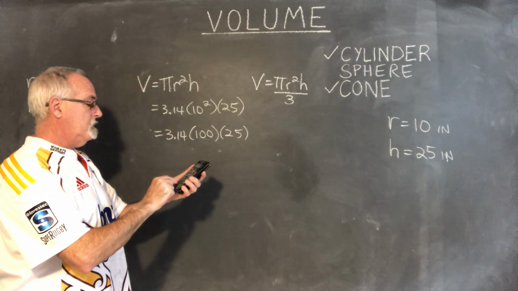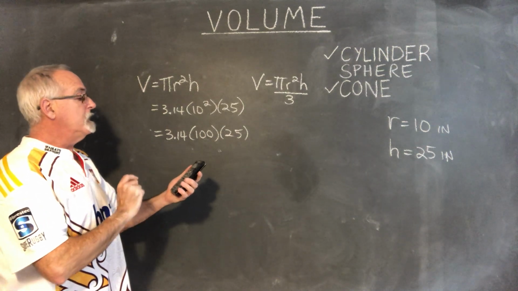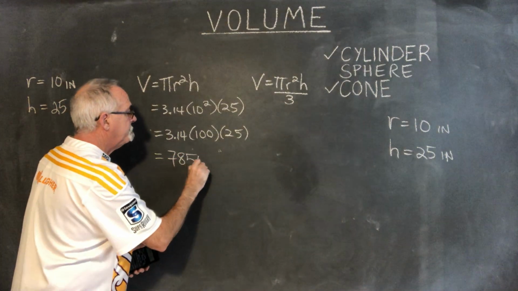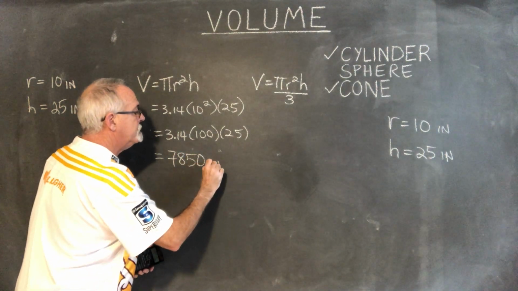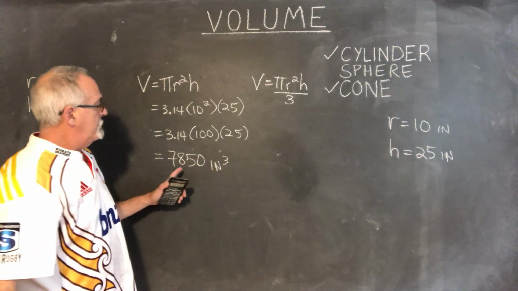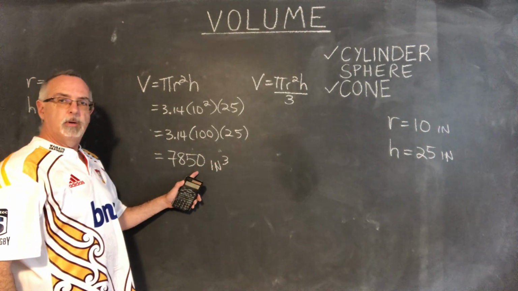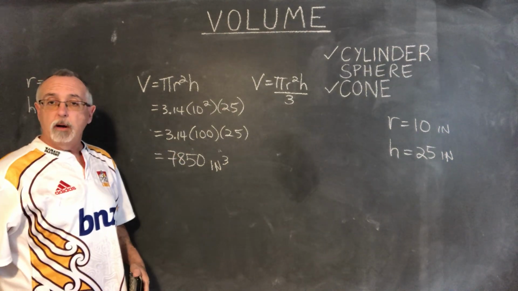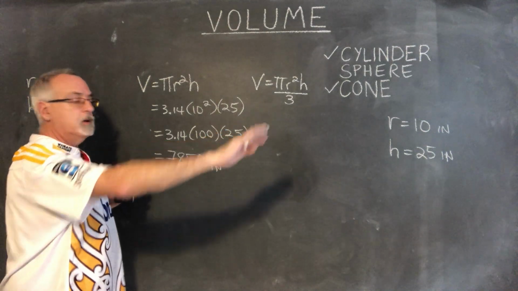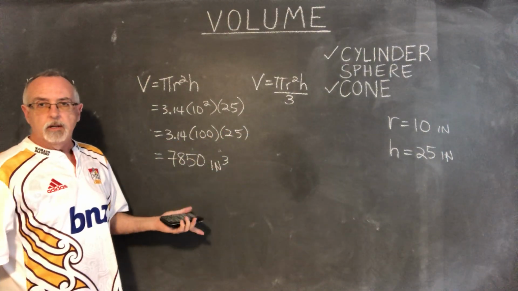2,500 times 3.14 equals 7850. Nice round number, whole number. Inches cubed. There. The whole number happened partly because we used a rounded version of pi. If I used the real pi that's in the memory of the calculator that goes on, I would not have a round number answer.